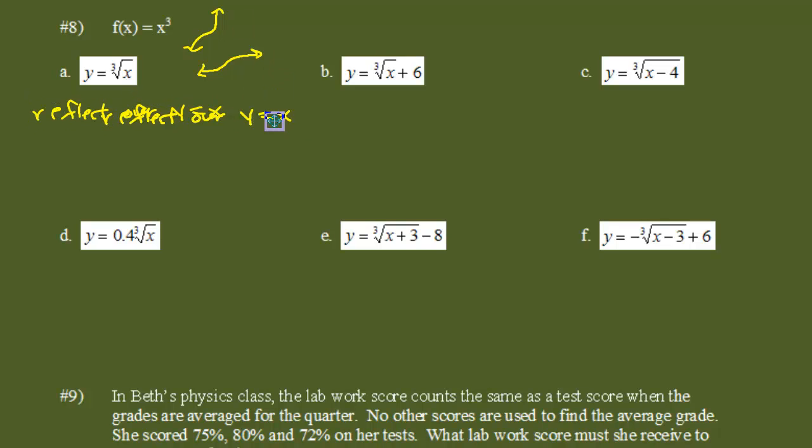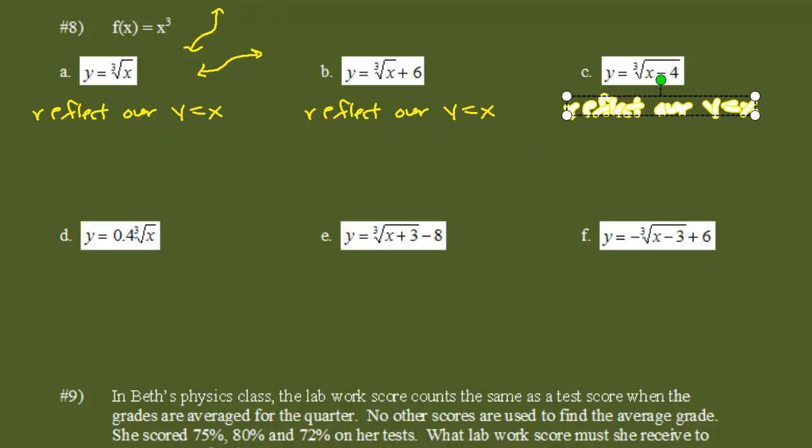Because if you look at each of these problems, they have cubed root of x in it. So I'm just going to do that right now. Save myself some time. Doesn't save you any time, but it saves me some time. This one here on D, the reflecting happens after the dilation.